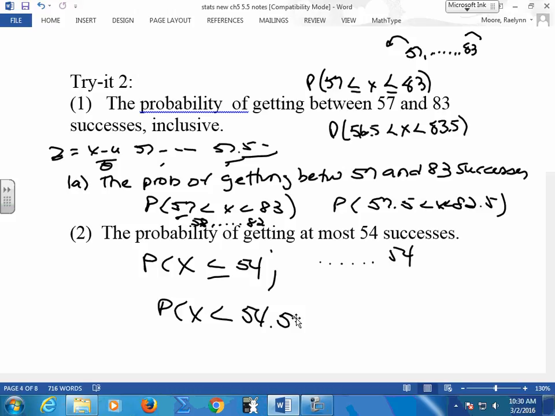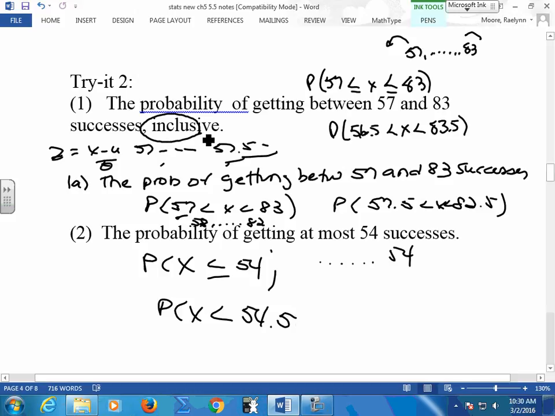The difference is more like this: inclusive means the word include. So if I say, here's your numbers, if I say between 1 and 3, inclusive, that means I want you to include 1, and what comes between them? 2, and I want you to include 3.